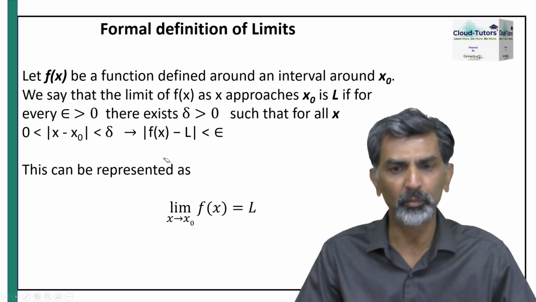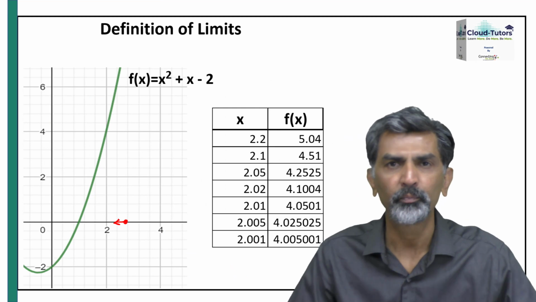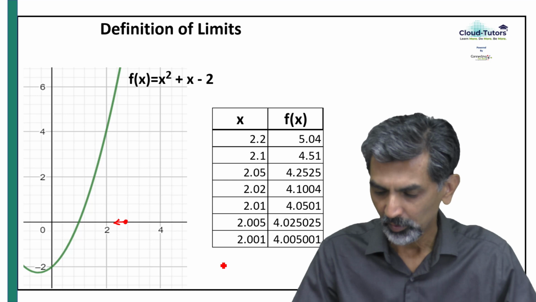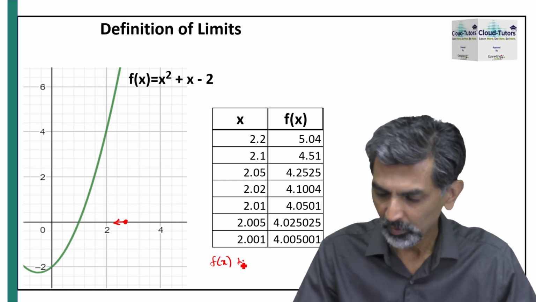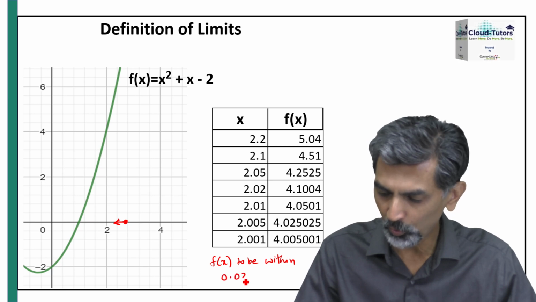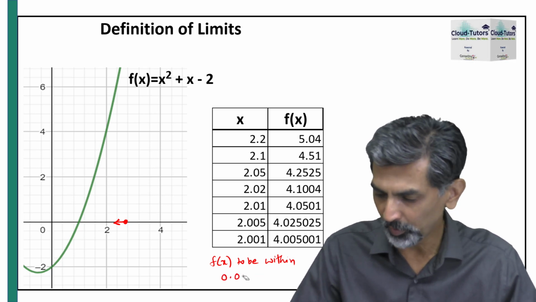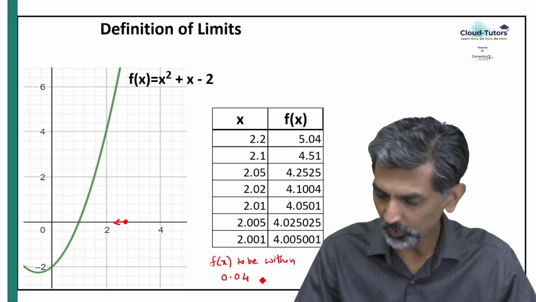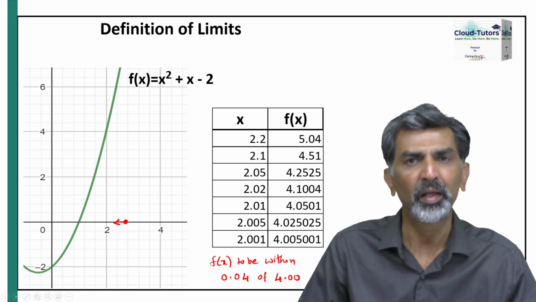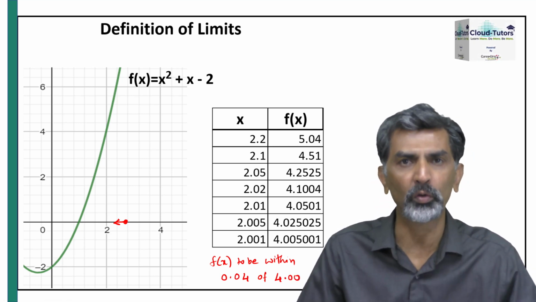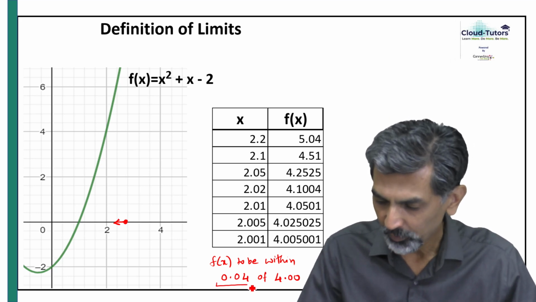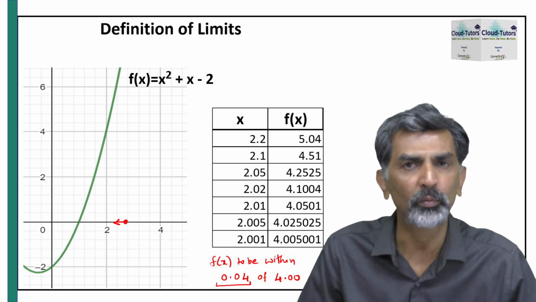And we have seen that in the previous example. You can see that here. I want f of x to be within 0.04 of 4.00. I want f of x to get so close to 4 that the difference between f of x and 4 should be less than or equal to 0.04.